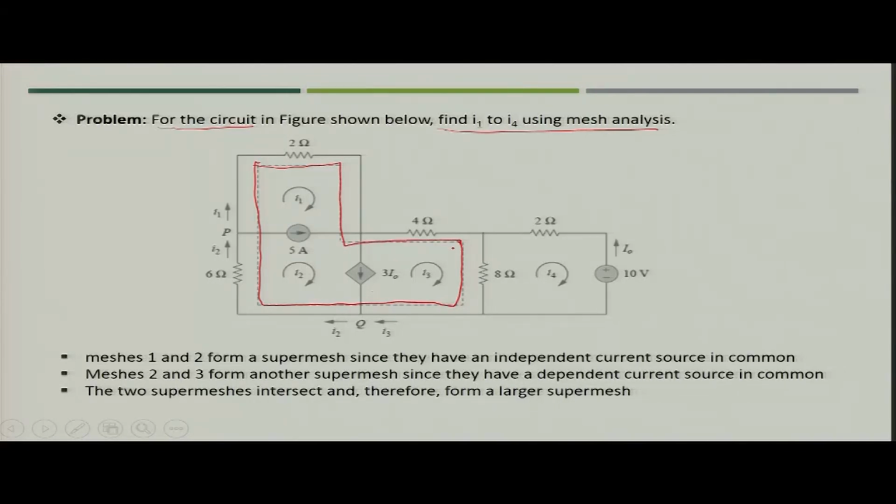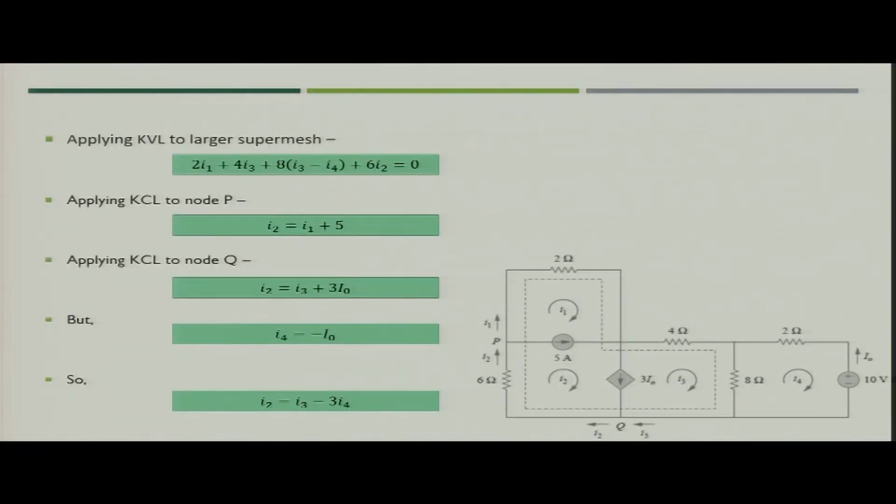So, now you get this larger super mesh. What you have to do now? The larger super mesh can be used to apply Kirchhoff voltage law. So, if you apply Kirchhoff voltage law for the larger super mesh, what will you get? Let us start with the 2 ohm resistance.